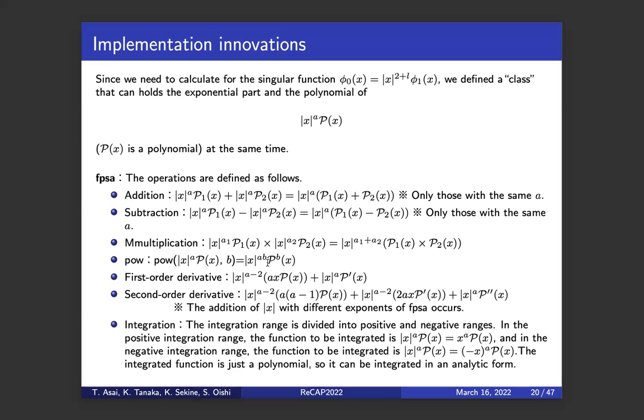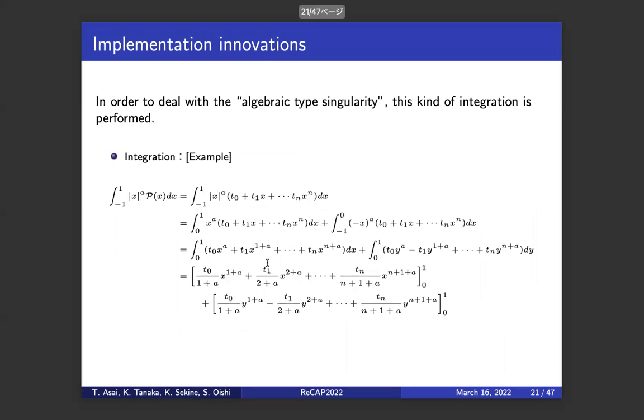In particular, about integration, in order to deal with algebraic type singularity, also called power type singularity, this kind of integration is performed in this form.